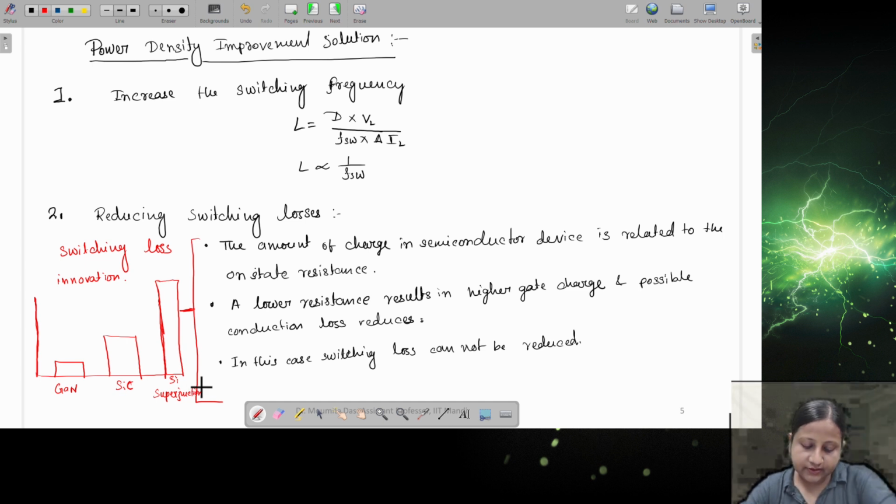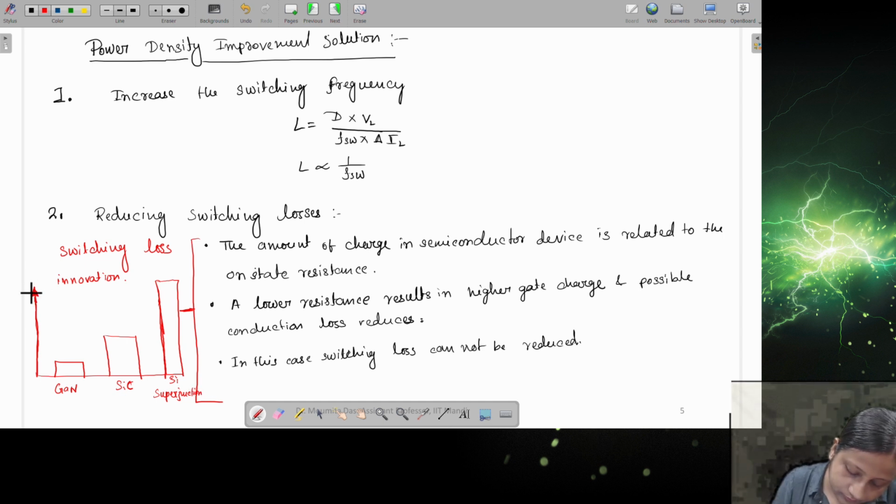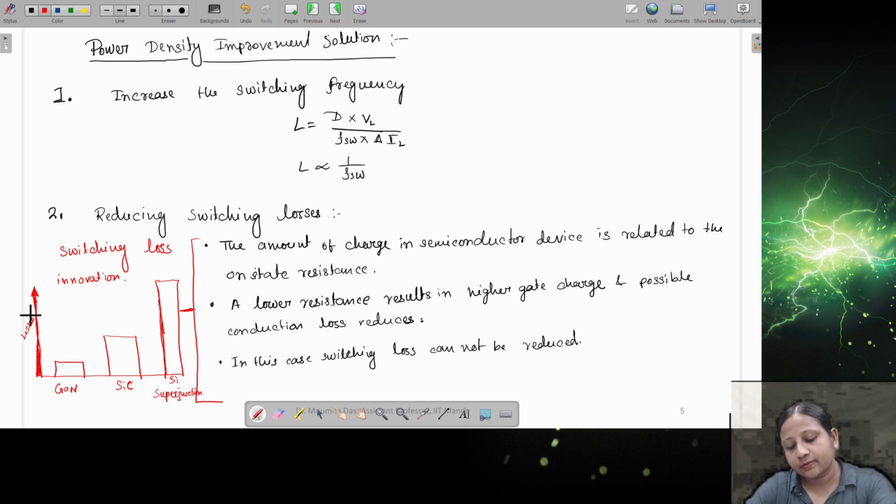Devices. So you can see here the loss in the case of GaN device is much smaller than that of the silicon carbide and the silicon superjunction devices.